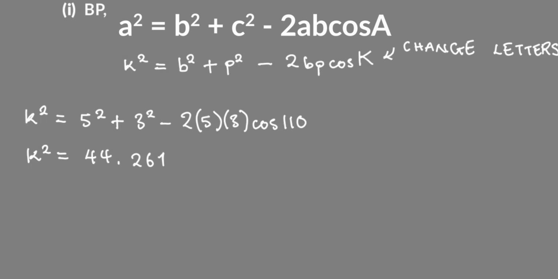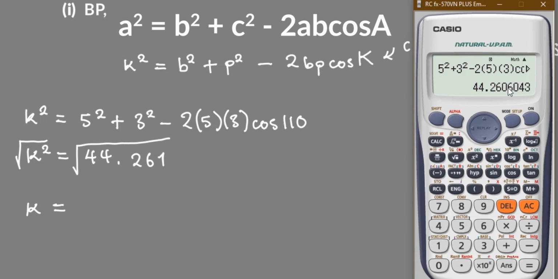Now, to get rid of this square here, we're going to find the square root of both sides, and then k is going to be equal to plus or minus the square root of this, but since we're looking at the distance, it's just going to be the positive value of square root 44.261, which gives us 6.65.